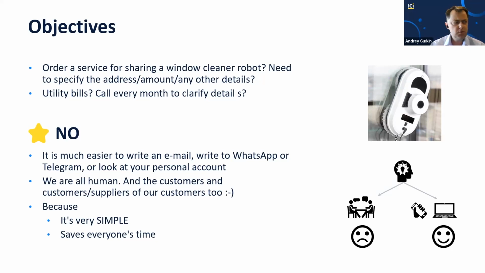So do you call every month to some organizations to get to know about the monthly payment or something like this? I think no. So the answer is no, because nowadays it's much easier to write an email, write WhatsApp or Telegram chats, or look at your personal account.